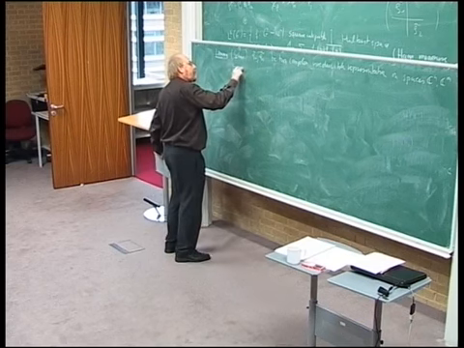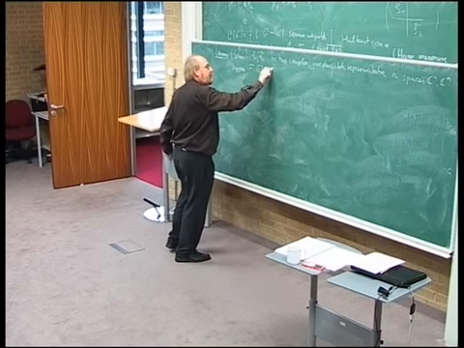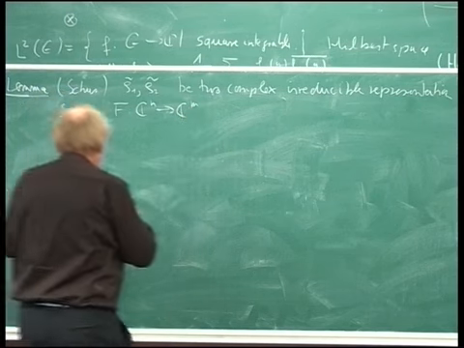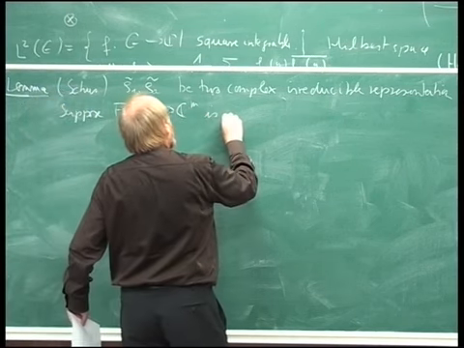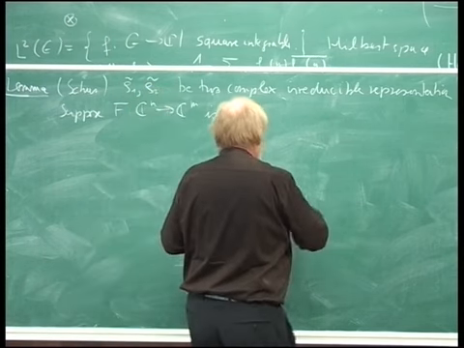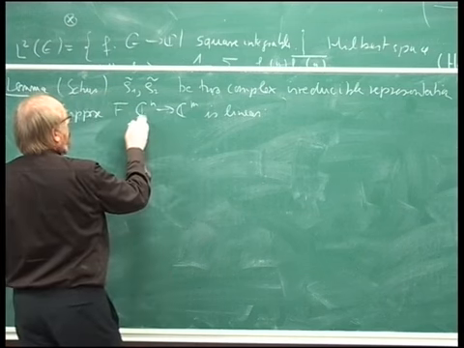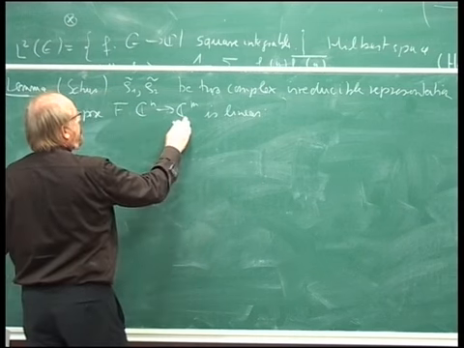Suppose f from Cn to Cm is linear, and we have that rho 1 acts here and rho 2 acts here.